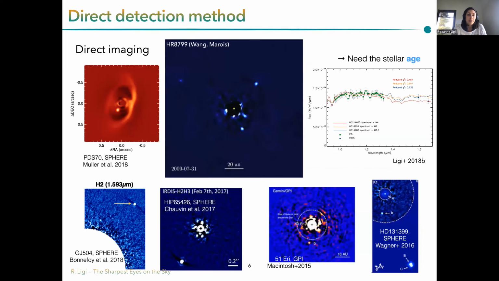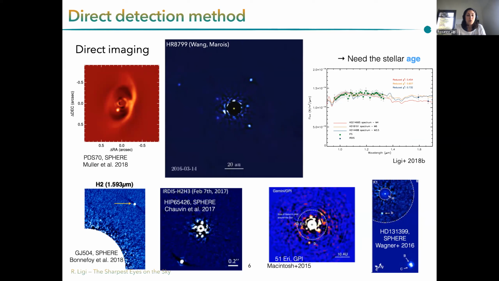Even using a direct detection method like direct imaging, we need to know some stellar parameters. So there have been a lot of detections now using direct imaging, using mainly SPHERE and GPI. It's really convenient to detect exoplanets far from the star and massive exoplanets.